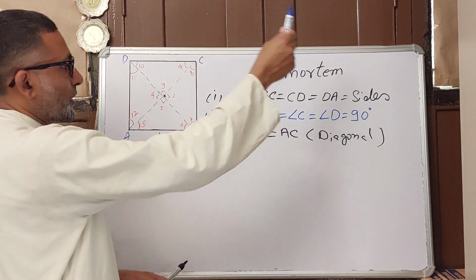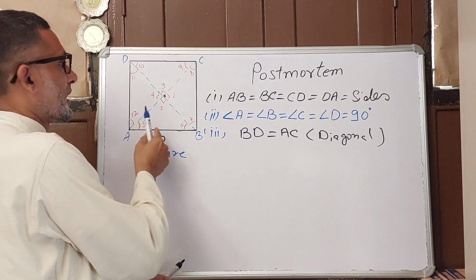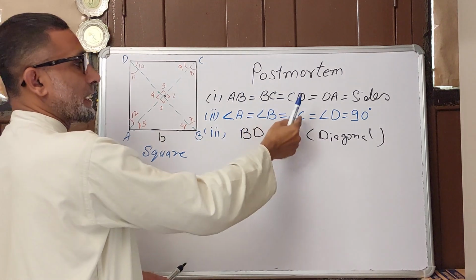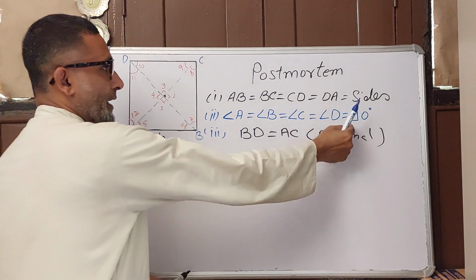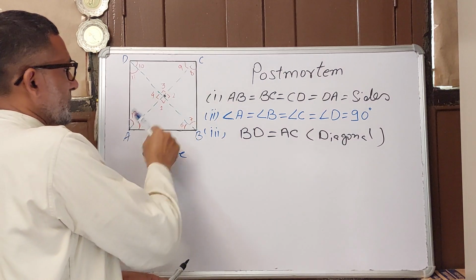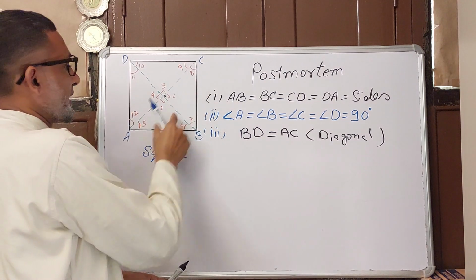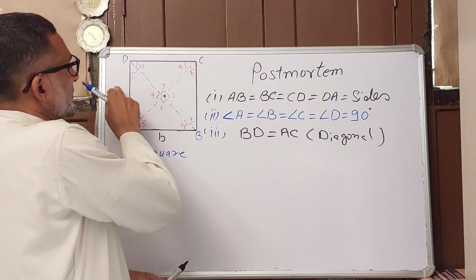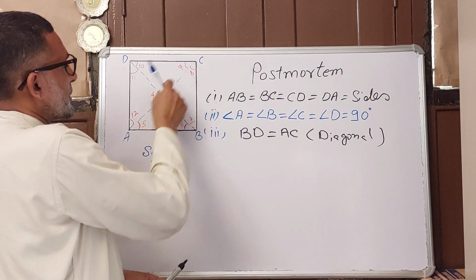You can easily find these three properties. All sides are equal, all angles cut each other at 90 degrees and are equal also. So angle A, angle B, angle C and angle D are all equal, and equal to what? 90 degrees. And as in a right angle triangle, if both sides are equal, the hypotenuse will be the same.